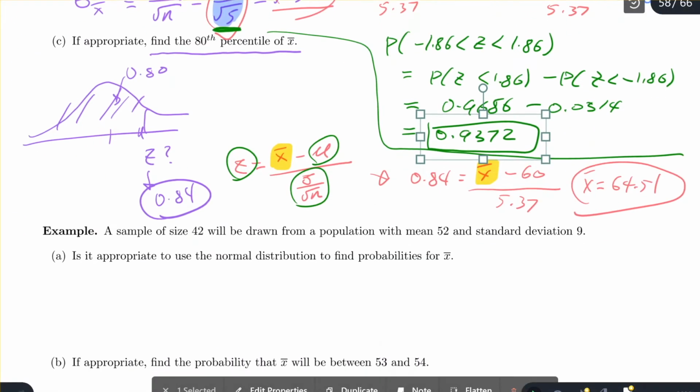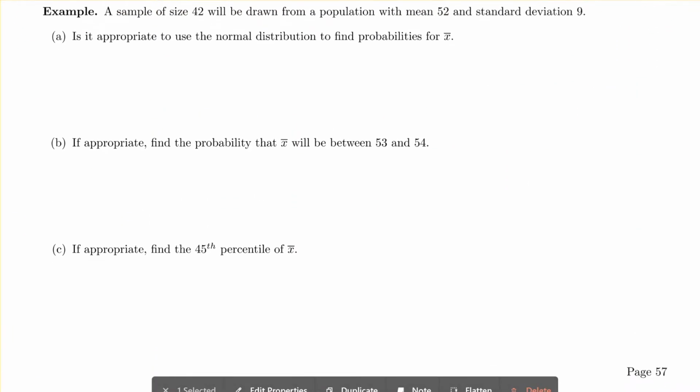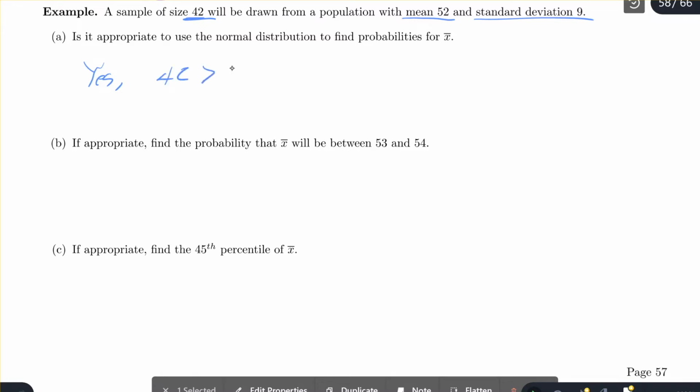So let's look at another similar example. A sample of size 42 will be drawn from a population with a mean of 52 and a standard deviation of 9. Is it appropriate? Yes, because 42 is greater than 30, so it is large enough.